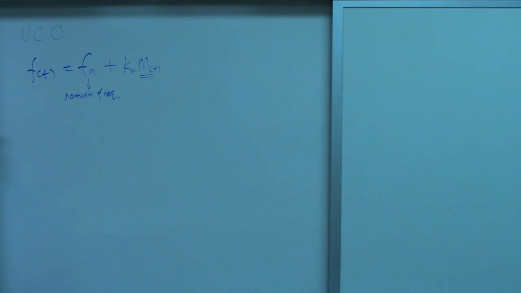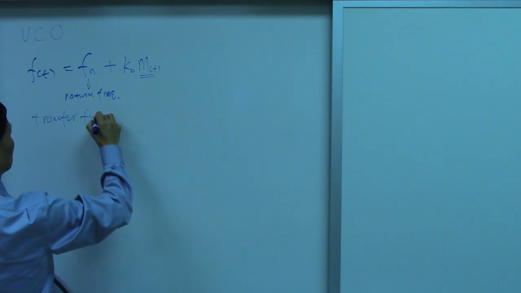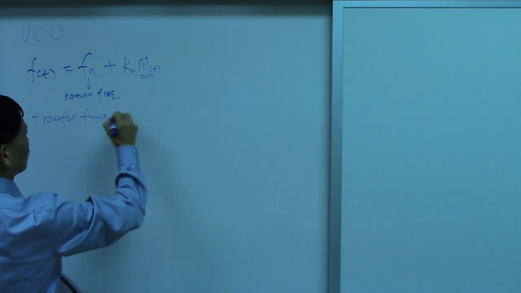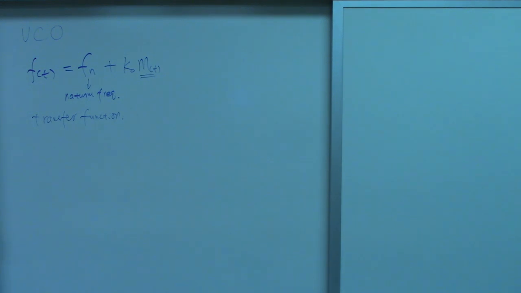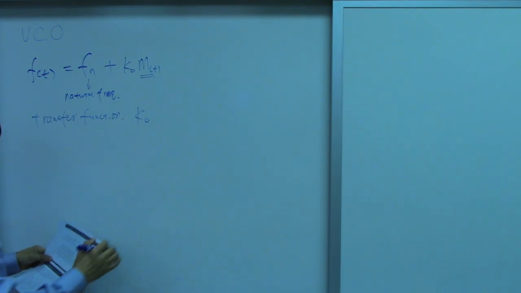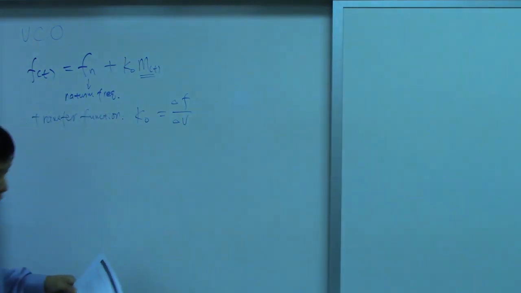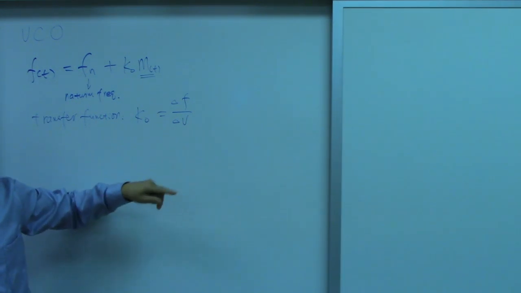So we define the transfer function. Transfer function means, as we all know, the output divided by the input. So the transfer function here is Ko, which is the change of the frequency divided by the external voltage amplitude.